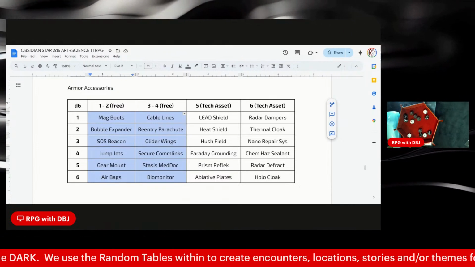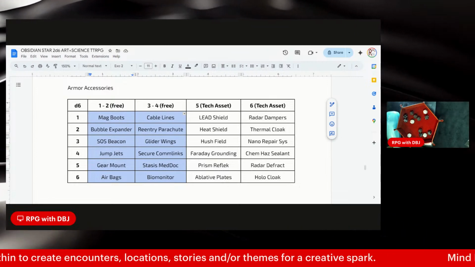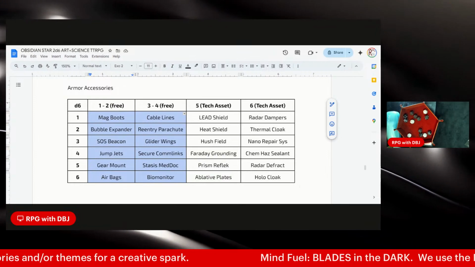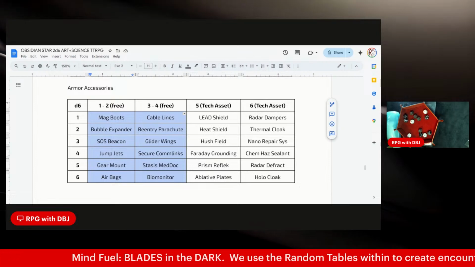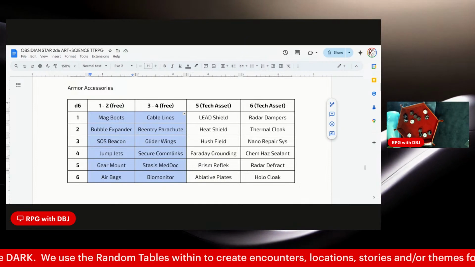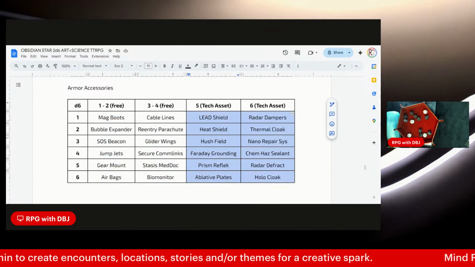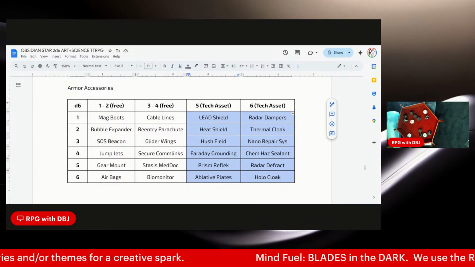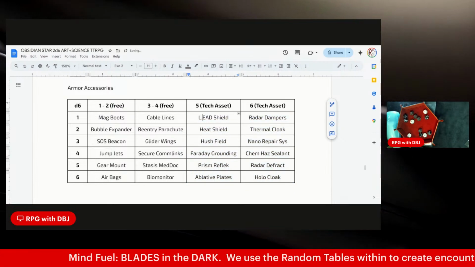Let's say you broke your leg and you need to set it. Maybe you can't do it on the outside of your spacesuit, but if you turn it into a bubble, you could then treat the wound and then unbubble your spacesuit back down to your skin, essentially. And then there's tech assets and things like that over here. For armor, lead shielding. Maybe I should put periods between this.